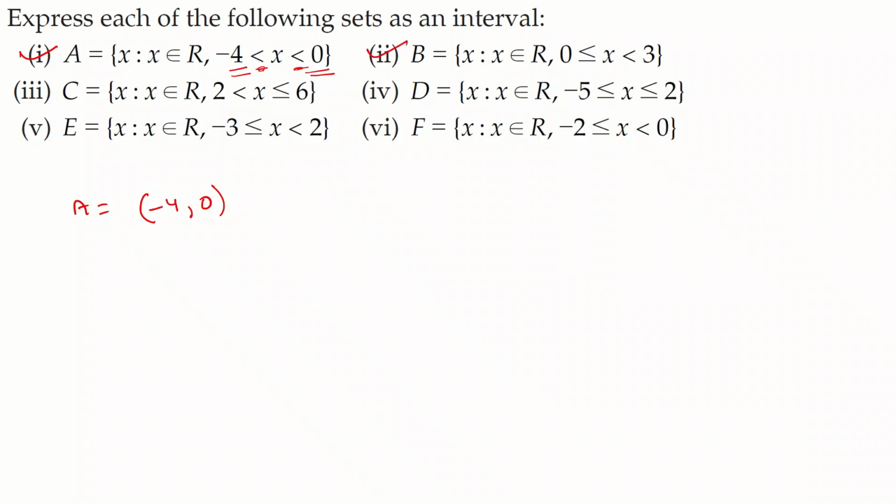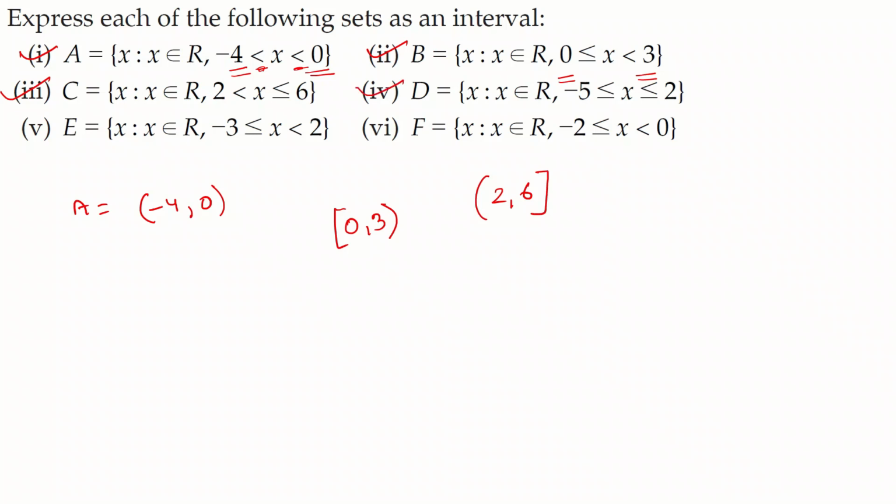Question number 2, 0 comma 3 closed at 0 and open at 3 because it includes 0 and it doesn't include 3. Question number 3, it is 2 comma 6 open at 2 and closed at 6.